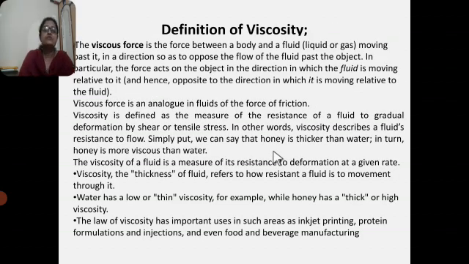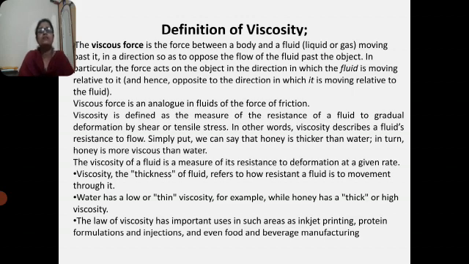Next comes the viscosity. Before going to define the viscosity, we have to know the term viscous force. It is the force between a body and a fluid moving past it, which acts so as to oppose the flow of the fluid past the object.